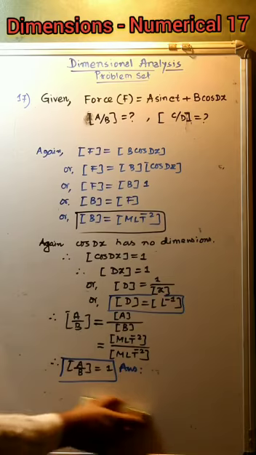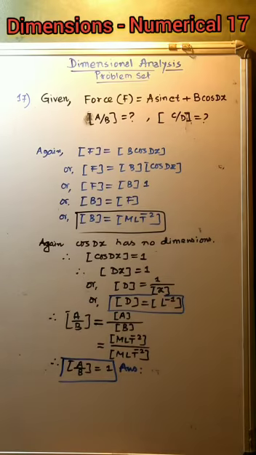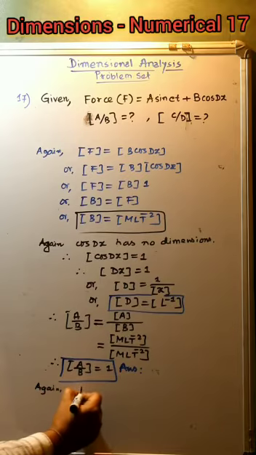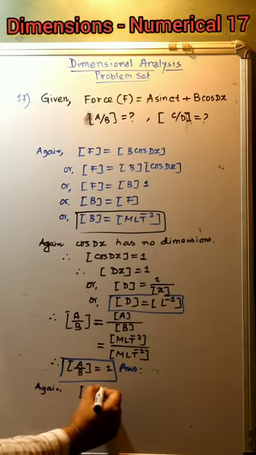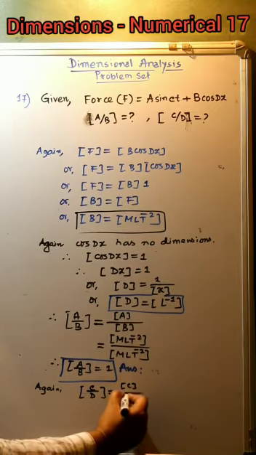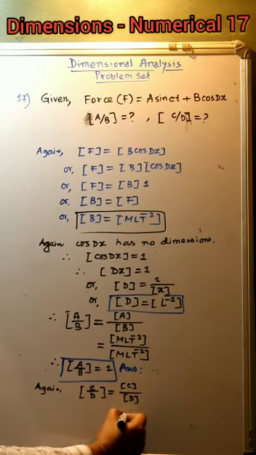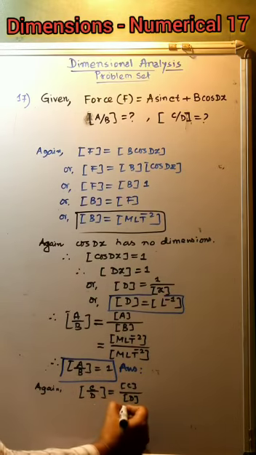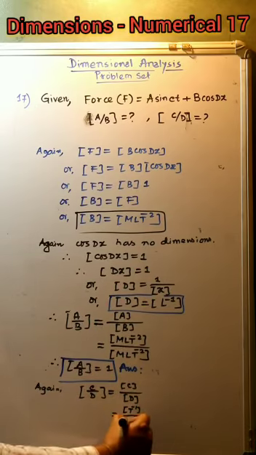Now we can find the dimension of C by D. Dimension of C by D is equal to dimension of C divided by dimension of D. Dimension of C is T inverse, divided by dimension of D, which is L inverse.